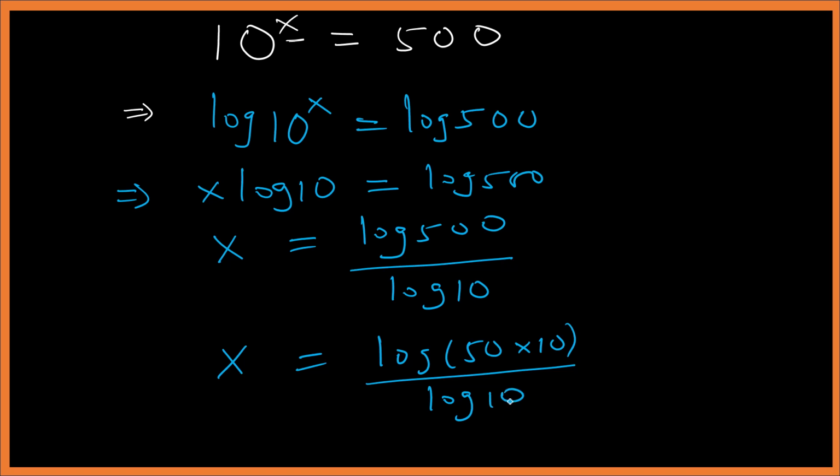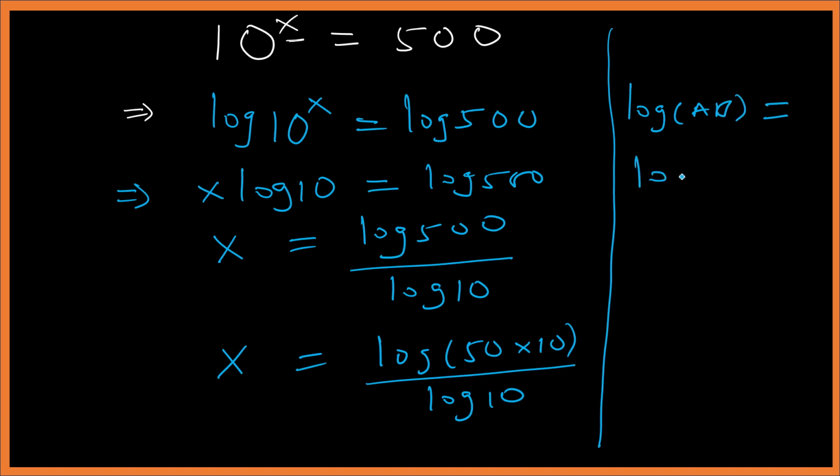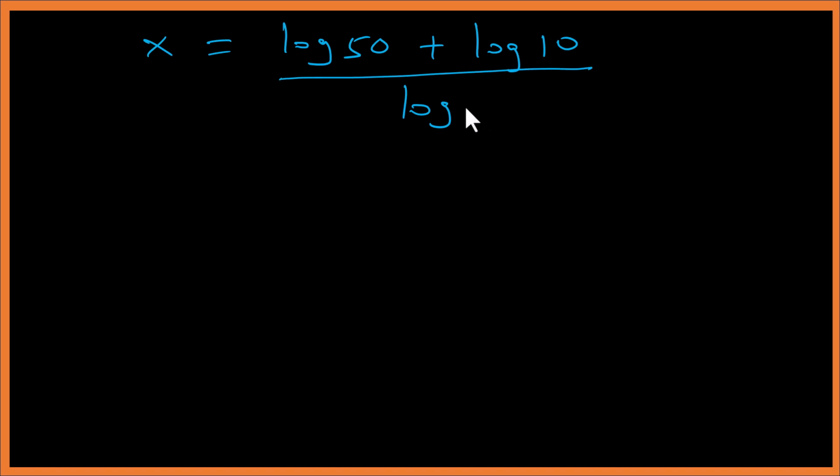Now remember from the product rule of logarithm that log ab is the same as log a plus log b. So we have x equals log 50 plus log 10, over log 10.